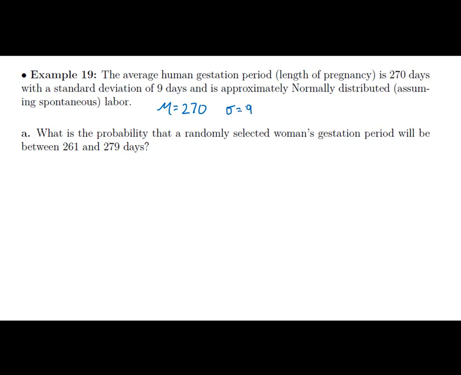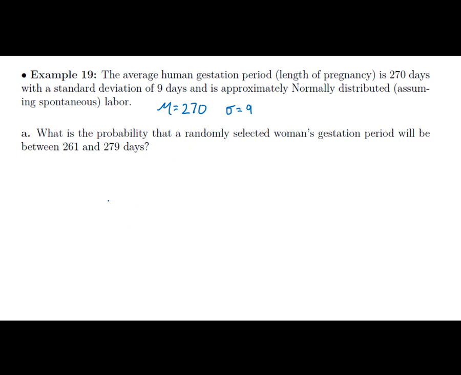The length of pregnancy is approximately normally distributed if we assume spontaneous labor, so a healthy pregnancy that's going textbook, and the woman goes into labor spontaneously.